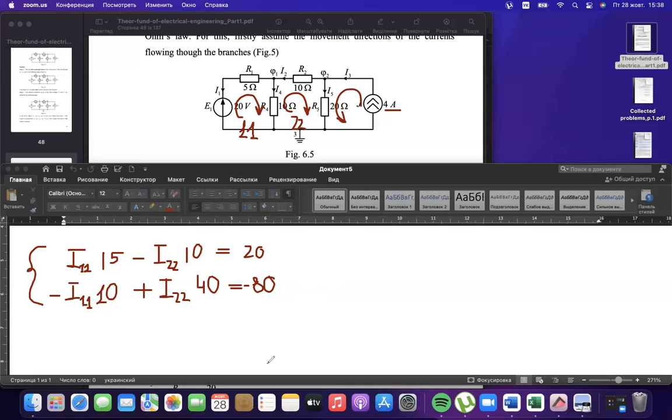We could, for example, multiply the first equation by 4. Then it is 40, 80, and 60.